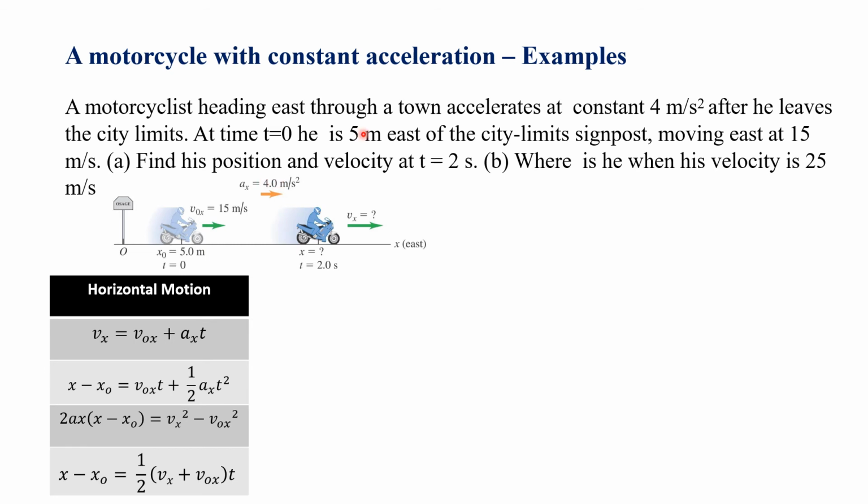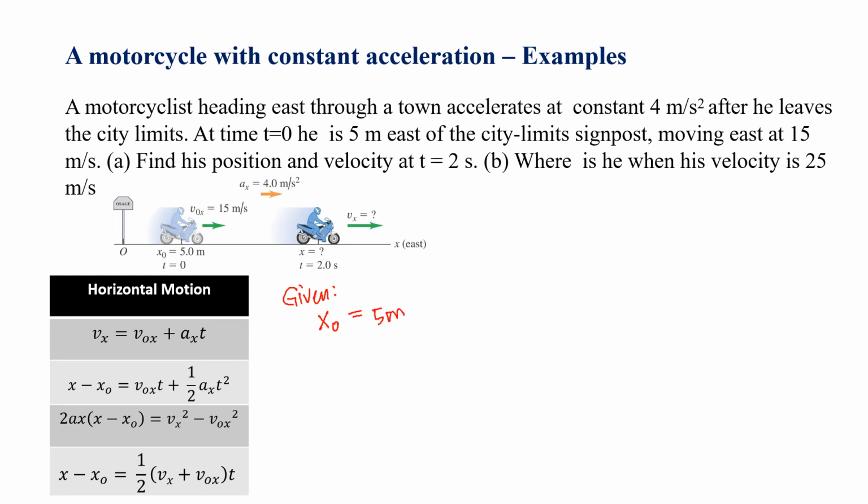Our problems are: A, find his position and velocity at time equals 2 seconds, and B, where is he when his velocity is 25 meters per second? Let's solve the problem. In this problem, we are given your x naught at time equals 0, which is equal to 5 meters.